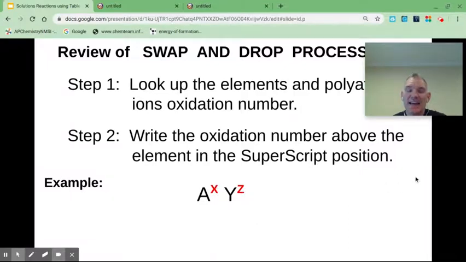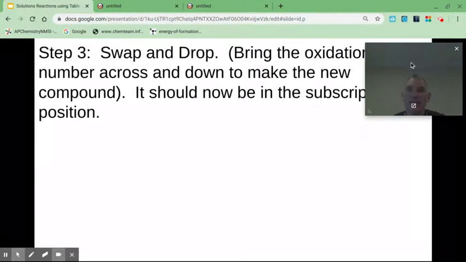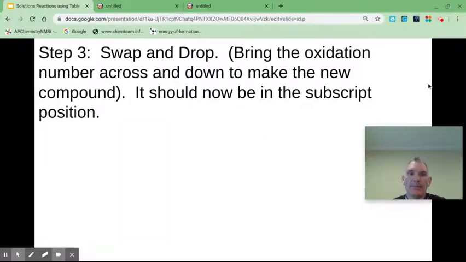Now here we're writing down the charge of what we find on the reference table. Once we find the charges and write them down, we then carry out the swap and drop process. So if we swap and drop, we're going to bring down the oxidation number across to make the new compound. When we do this, it should now be in the subscript position.